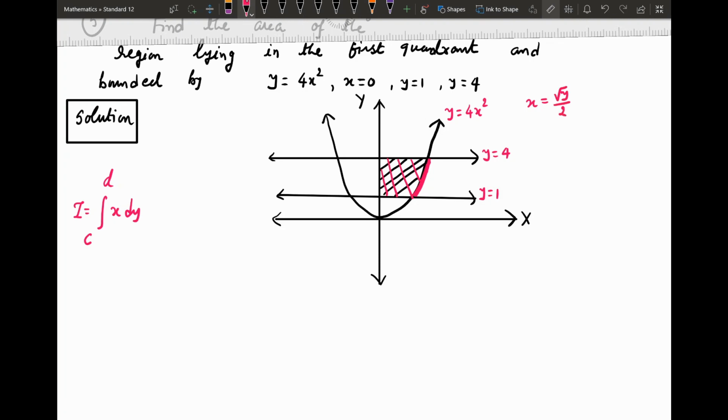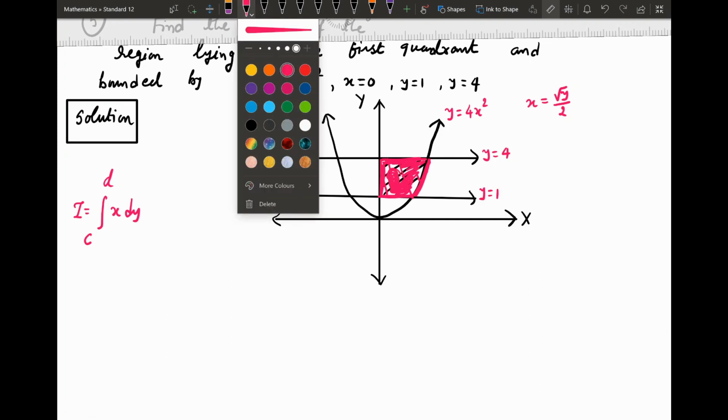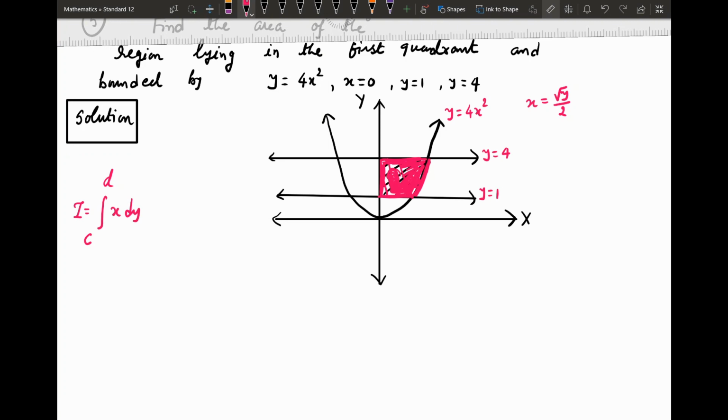In the first quadrant x is positive, so this is x equal to root y by 2, between y equal to 1, y equal to 4, and x equal to 0, that is the y axis. So we will get the area of this portion.